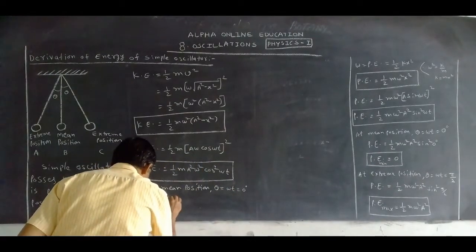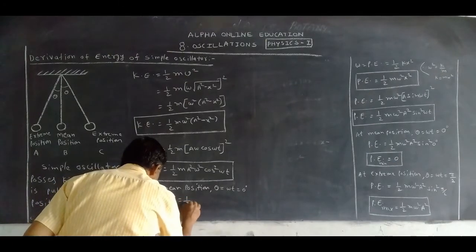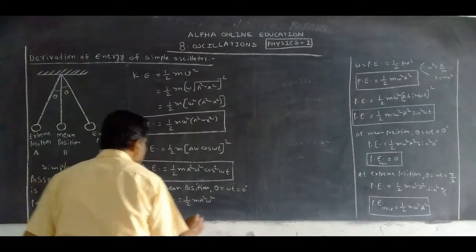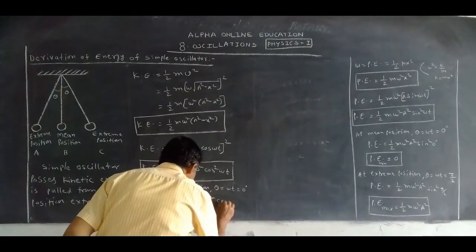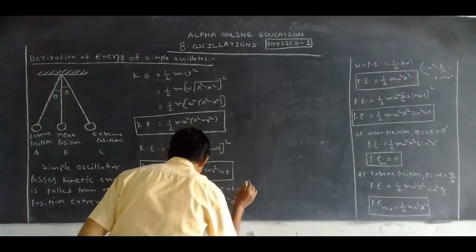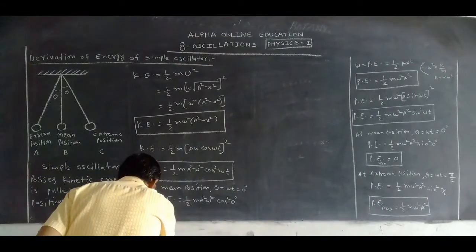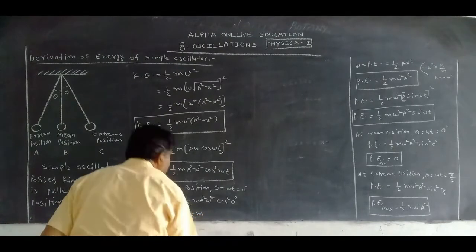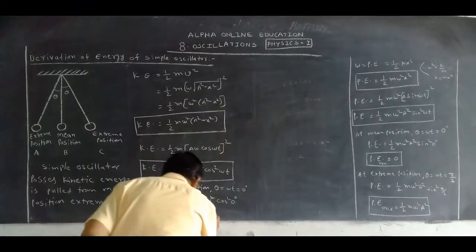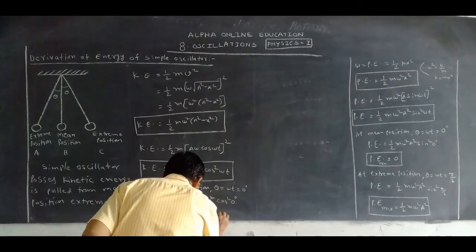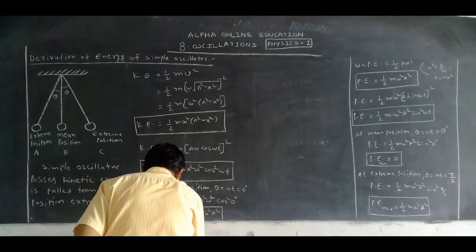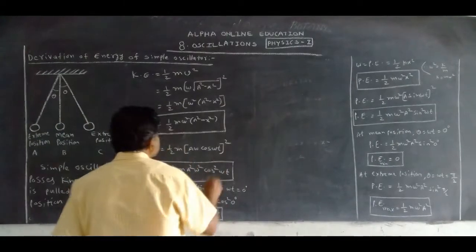So kinetic energy is equal to half m a square omega square cos square 0. Cos square 0 is how much? 1. So kinetic energy is maximum, half m omega square a square. Where is it? At mean position.